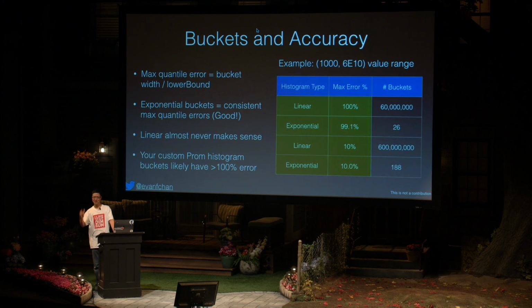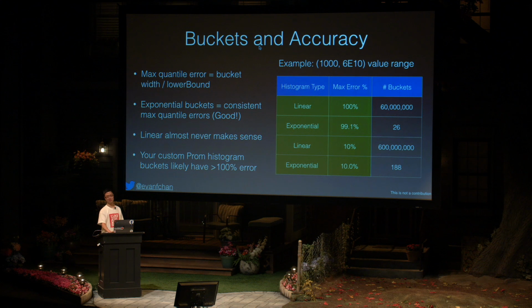I mean, sometimes you do that too, right? It's likely if you're doing that, and most people don't like to list out like 200 buckets, right? You probably have a max error percentage somewhere north of 100%. And I'm sorry if you're realizing that now.